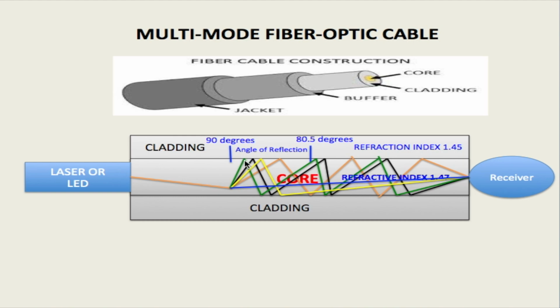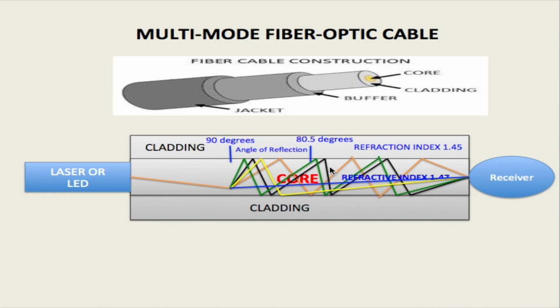Like this first one could be 87 degrees, for instance. If the angle of incident where it comes into contact with the cladding is 87 degrees, the reflected angle would also be 87 degrees, and it will be reflected off this side here at 87 degrees again, and it will continue this angle of reflection off the cladding in this sawtooth pattern all the way to the receiver at the same angle.